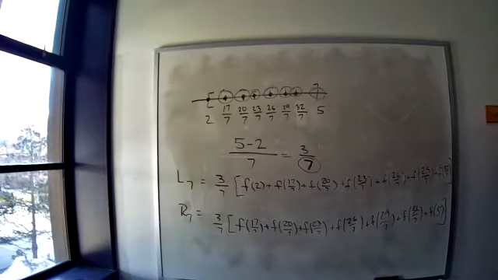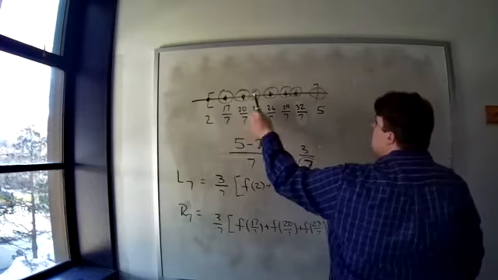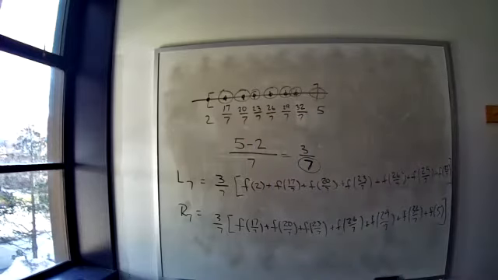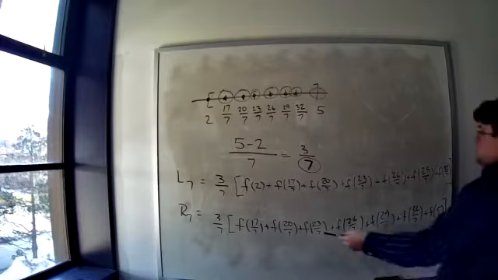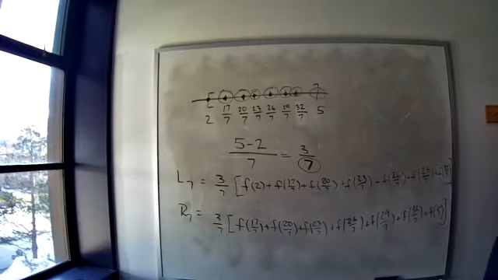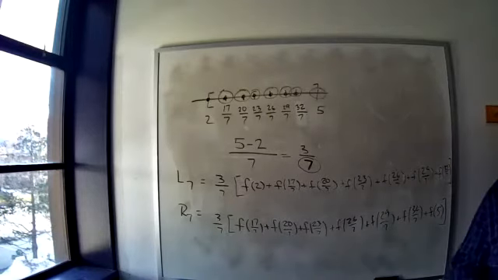Definitely observe that these 6 in the middle are included in both. The only real difference in our approximation is which endpoint we include. Any questions about this one?